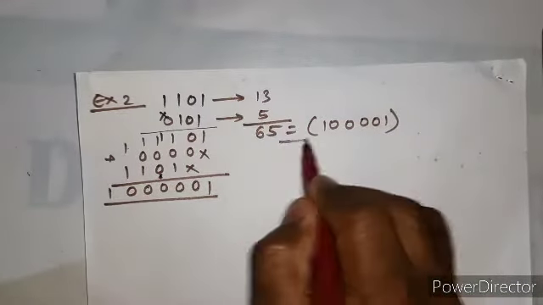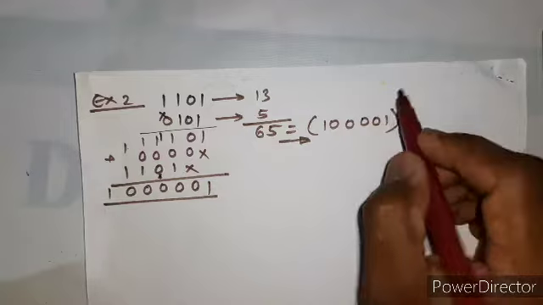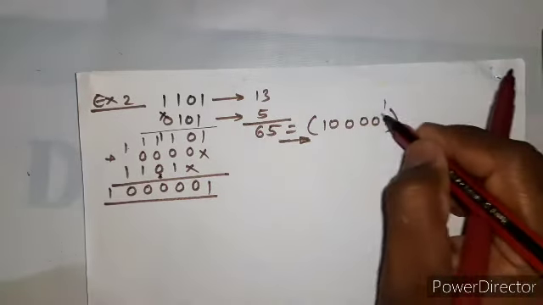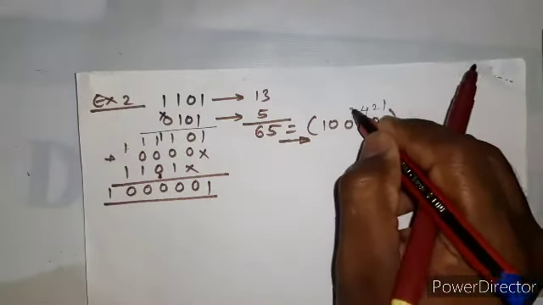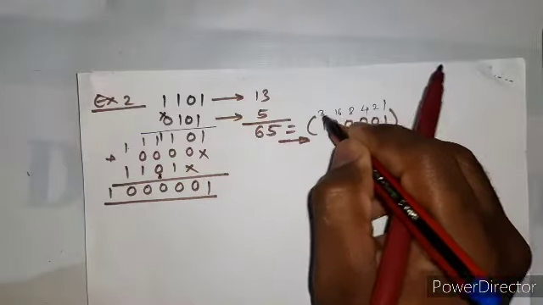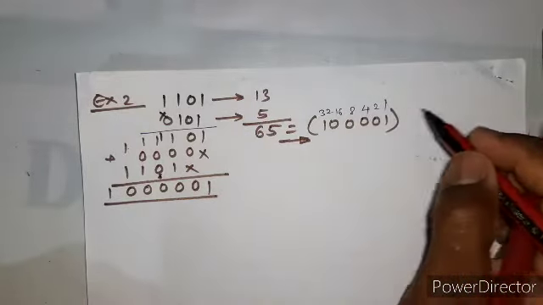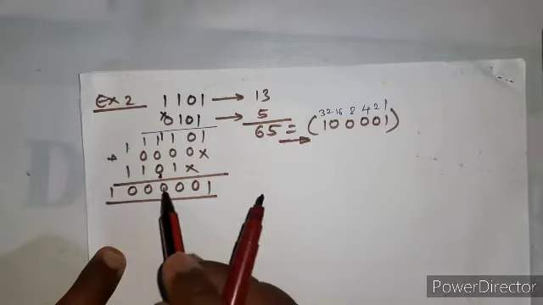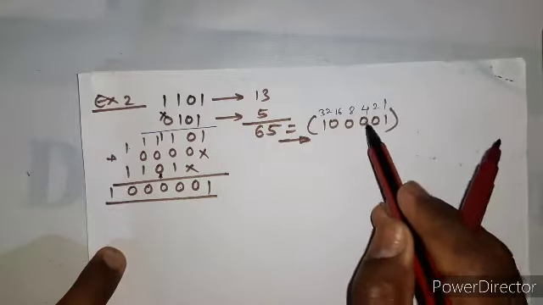So is this number equal to 65? Let us verify this. 1 2 4 8 16, just a minute. 1 2 3 4 5, 1 2 3 4.